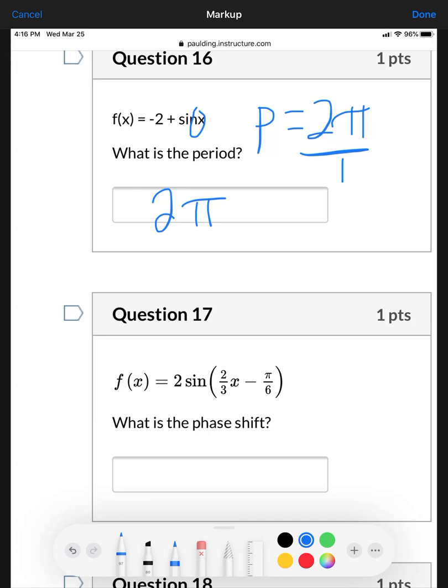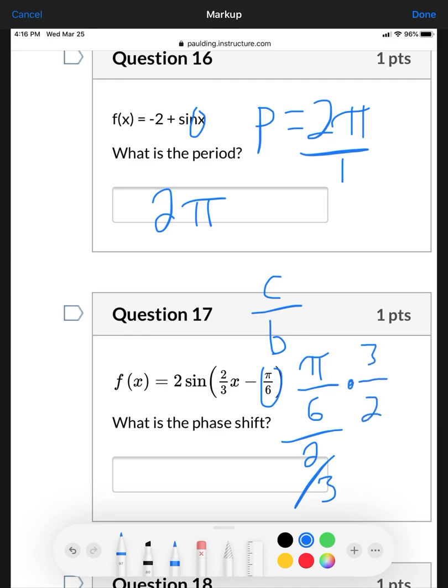17, what's the phase shift? Remember the phase shift formula, C over B. C is pi over 6, and B is 2/3. When you divide by a fraction, you've heard me say this 100 million times, you multiply by the reciprocal of that fraction.